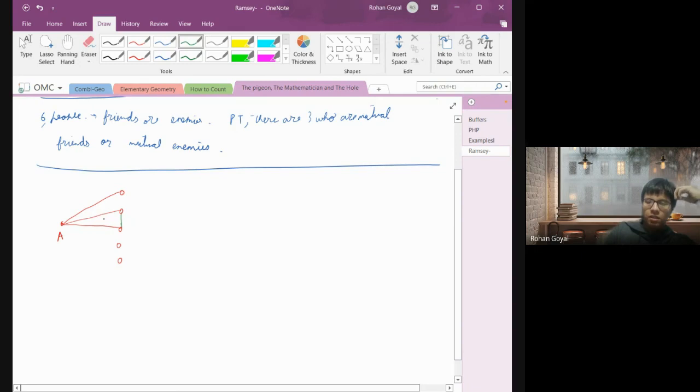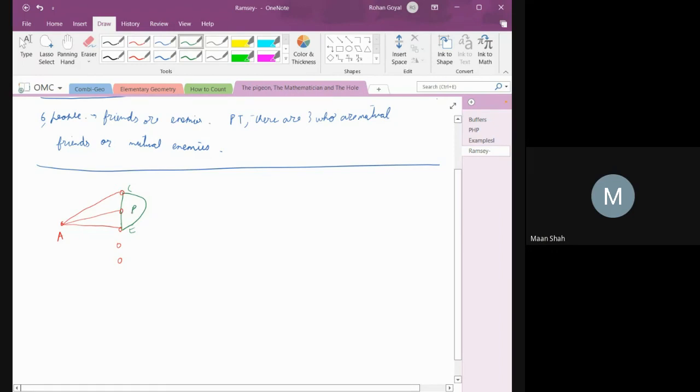The point is, let's say C, D, and E: A is an enemy of C, A is an enemy of D, and A is an enemy of E. Then D and E can't be enemies because then we'll get a triangle. Similarly, C and D can't be enemies, and C and E can't be enemies, because again we'll get a triangle. But then CDE is a triangle. So we prove by contradiction that there are no 3 pairs such as mutual friends or mutual enemies.